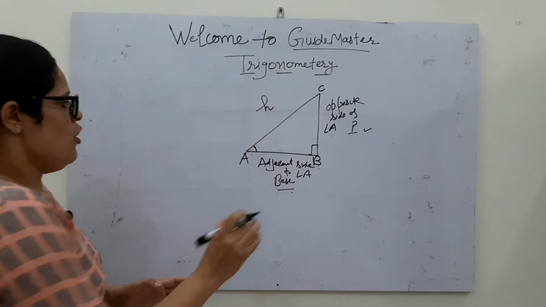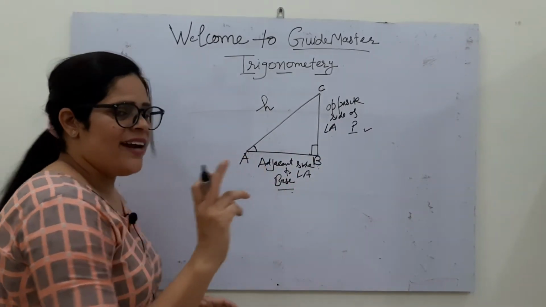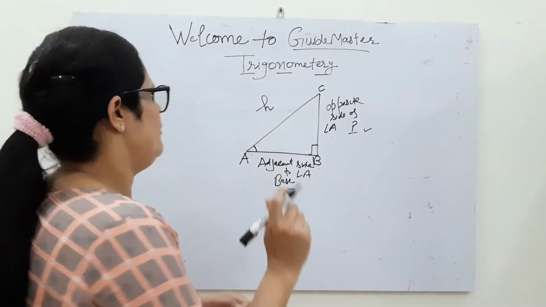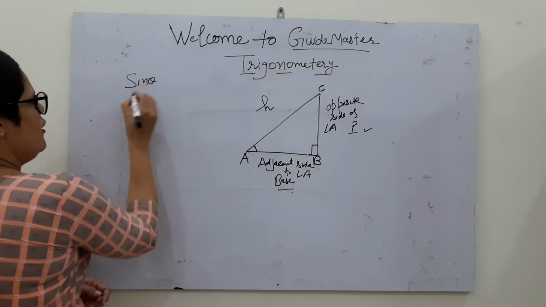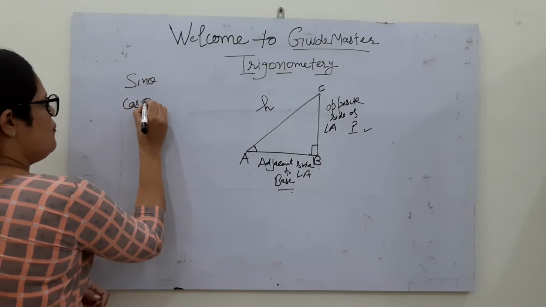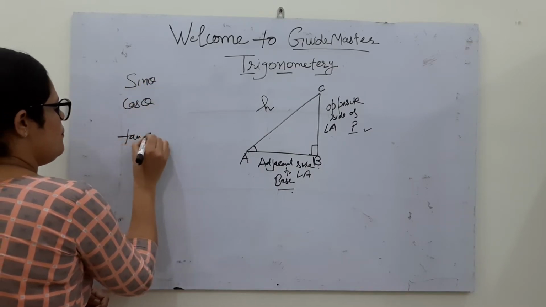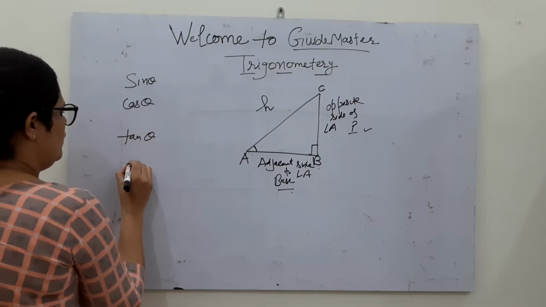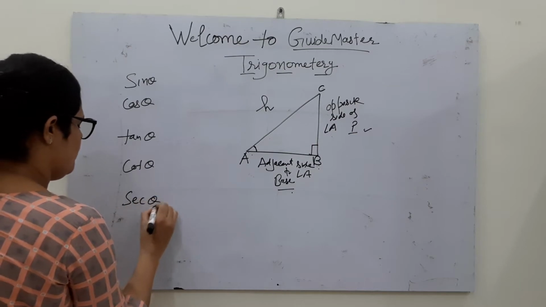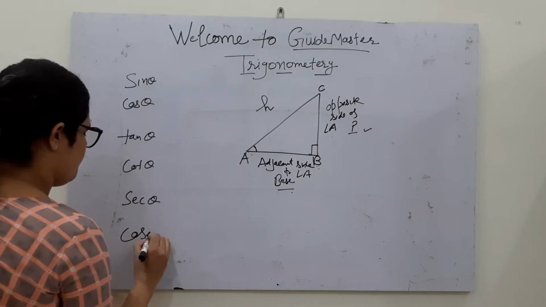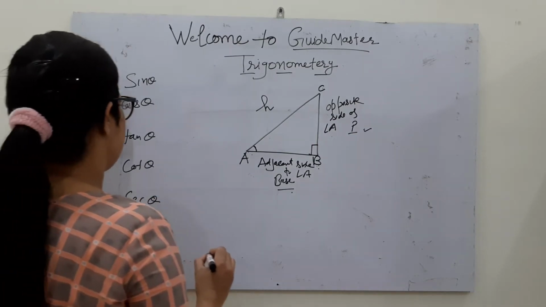Now we have to find the 6 trigonometric ratios, that is sin theta, cos theta, tan theta, cot theta, sec theta and cosec theta. These are the 6 trigonometric ratios.